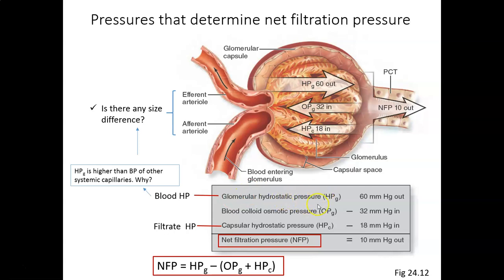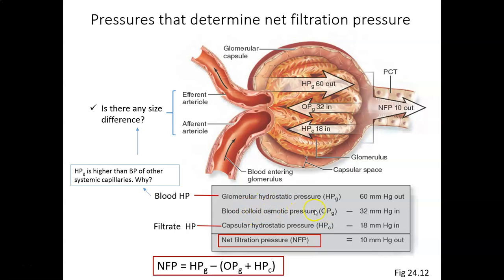Then subtract from that the blood colloid osmotic pressure. Remember that? Blood colloid osmotic pressure is exerted because of the protein concentration in the blood. We talked about how the proteins tend to stay in the blood and are not going to be filtered out. So they're going to keep some of the water, the fluid, in.